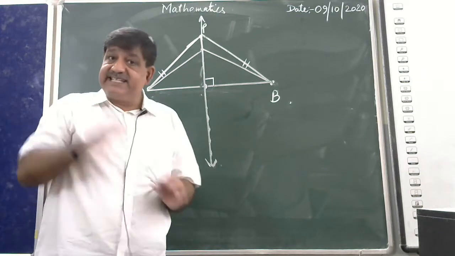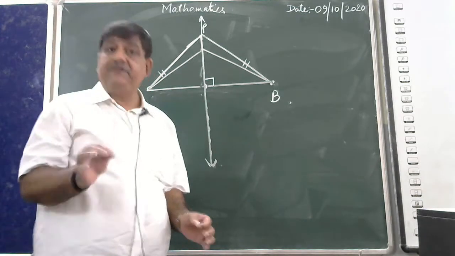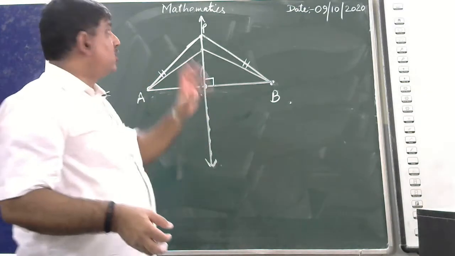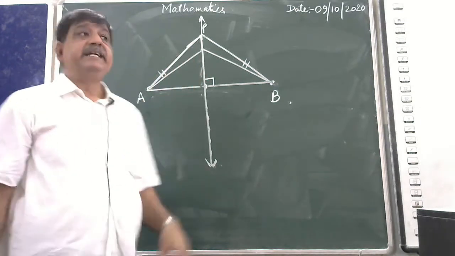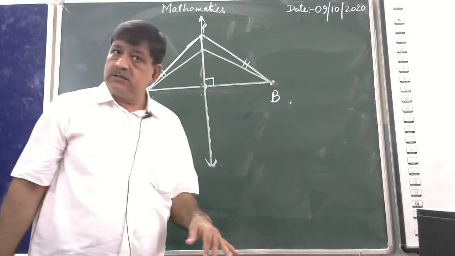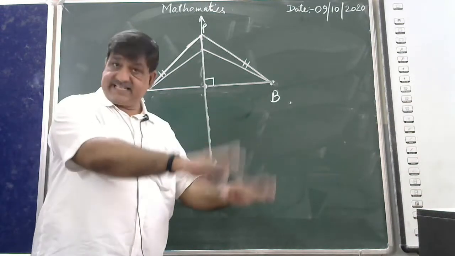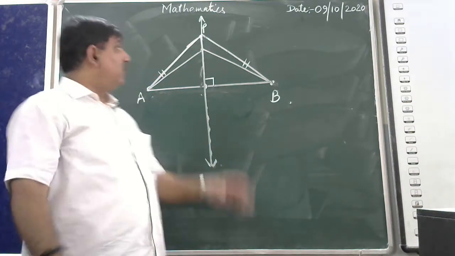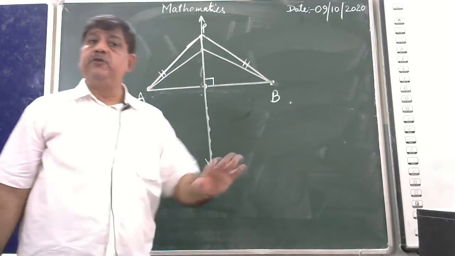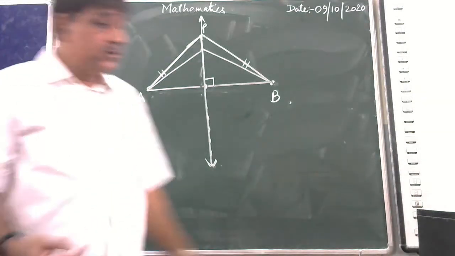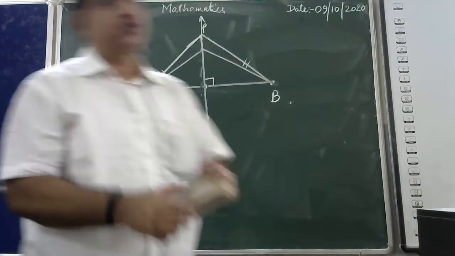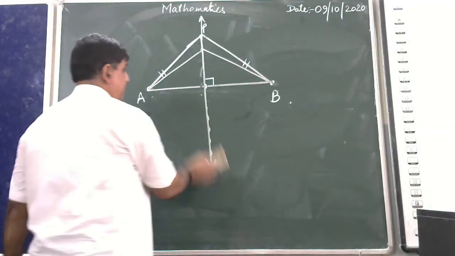So, from this discussion, we have an idea that the word locus stands for a path, and that path has got some equation, we will discuss later. Now, let us try a few more examples to find the path traced out by a moving point.